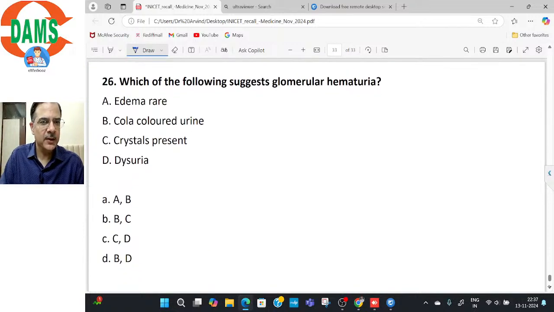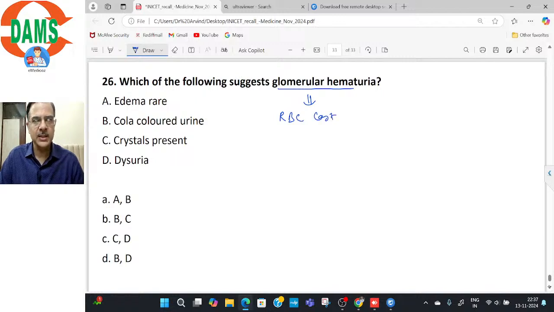Question 26. Which of the following suggests a glomerular cause of the hematuria? Glomerular hematuria is diagnosed by these features. There should be an RBC cast, but that is an investigation. It can be dysmorphic RBCs.